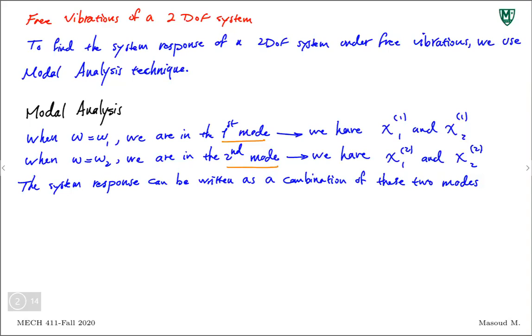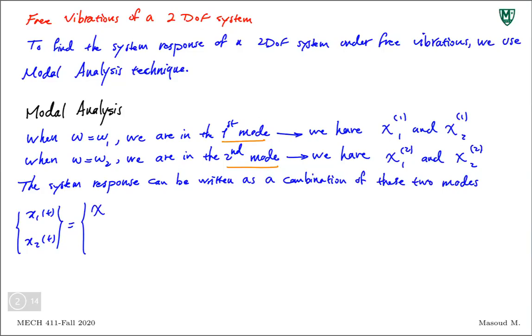All right. So mathematically speaking, it means we're going to have system response, let's call it x1(t), x2(t).